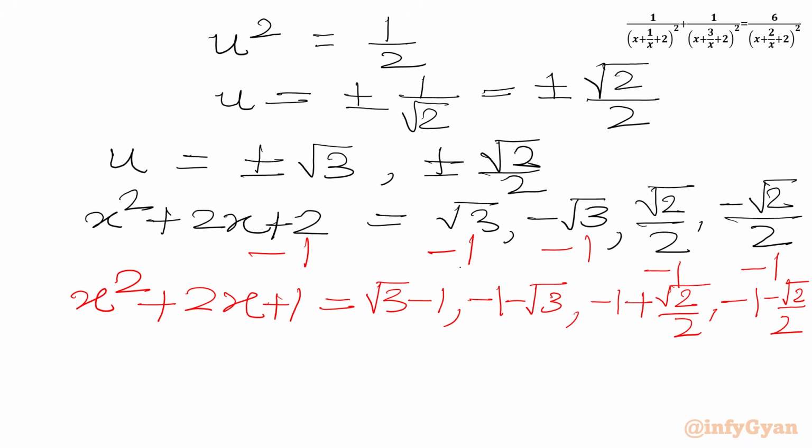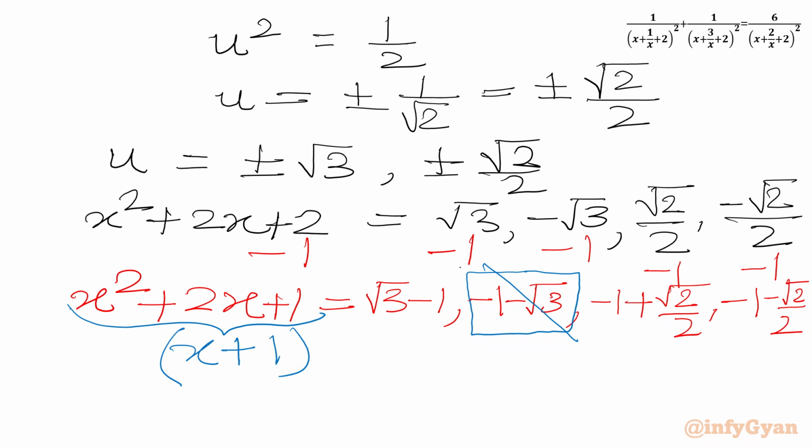Now minus 1 minus root 3 will be a negative number. We can cancel it, as we have a perfect square on the LHS. Minus 1 minus root 2 over 2 we can cancel too. This is a negative quantity.